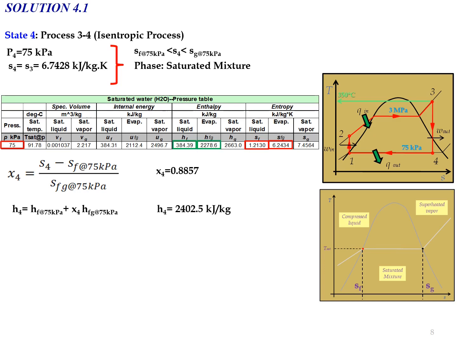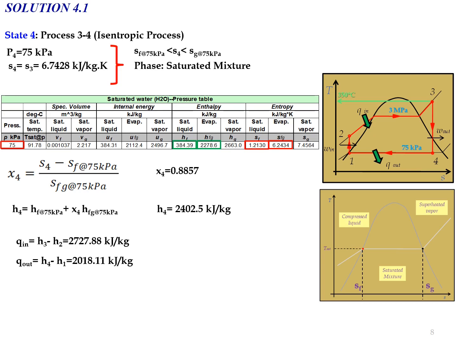Substituting the values, we get H4 equal to 2402.5 kilojoule per kg. Now we have obtained all the enthalpy values, from H1 until H4. So easily we can determine Q in, where Q in equal to H3 minus H2 equal to 2727.88 kilojoule per kg.